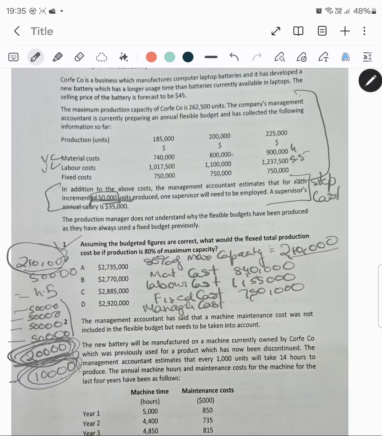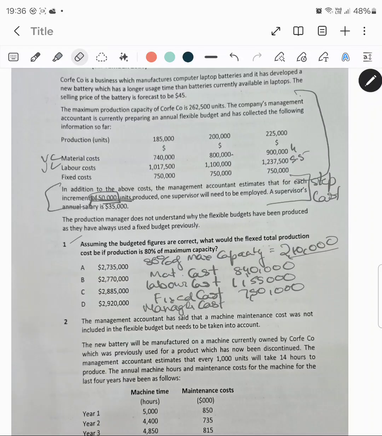Similarly in this case also, I will consider that I will have to hire an additional manager or supervisor for these 10,000 units as well, because I cannot split the supervisor, right?